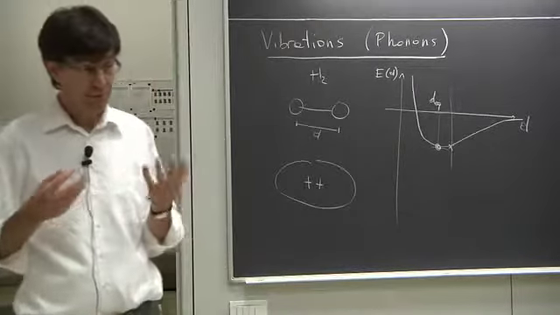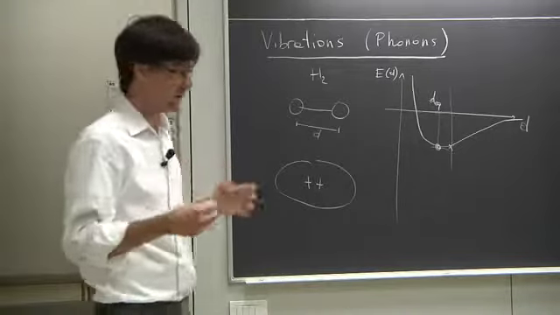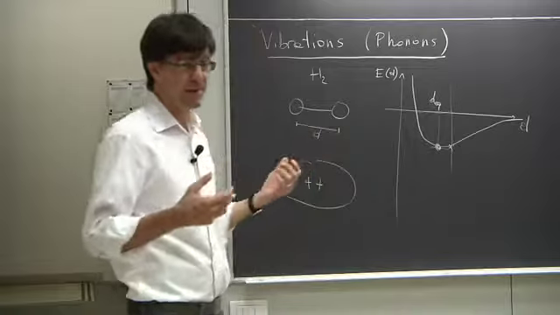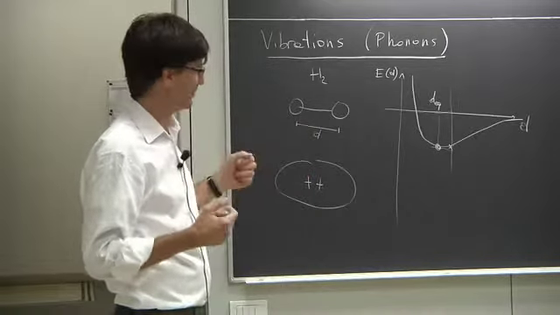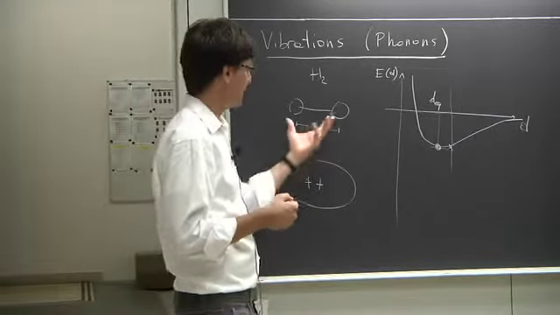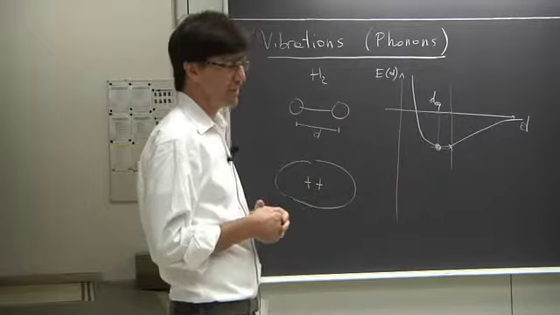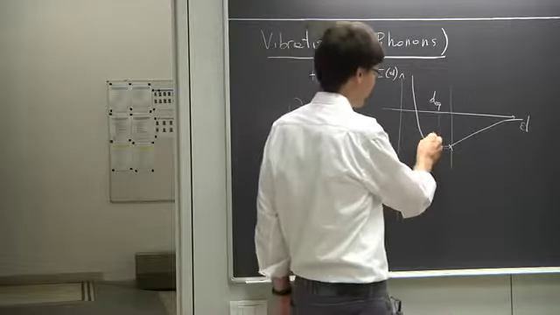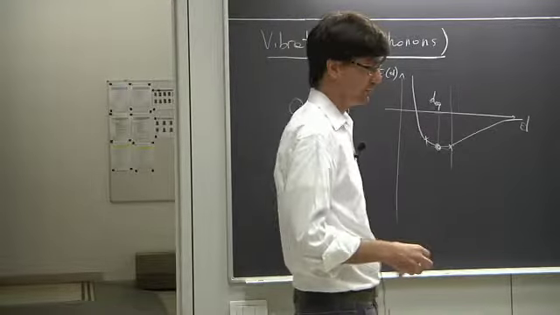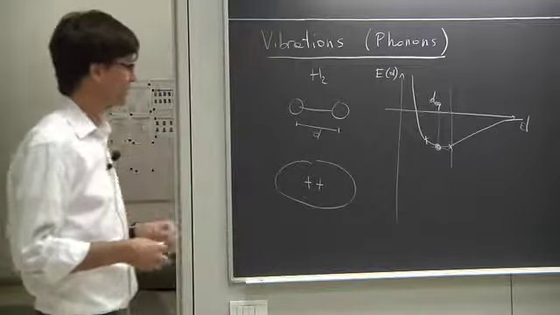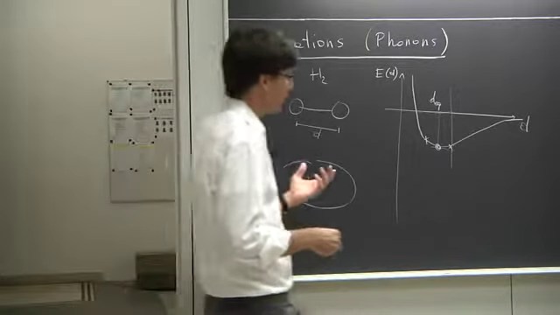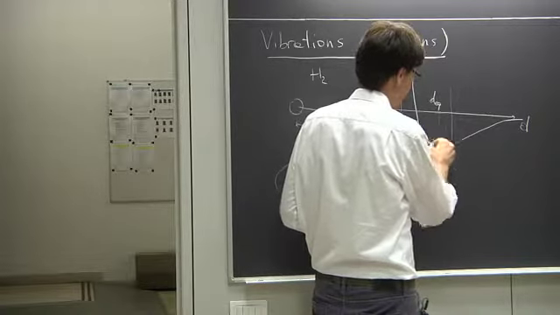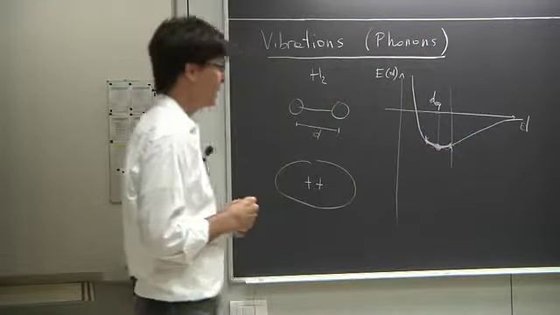The temperature, for example, as well as other perturbations, cause the position of the nuclei to be different with respect to the equilibrium one. It may be somewhere here, shorter or longer, depending on the conditions. And clearly, what we have here is going to be a vibration around the minimum.